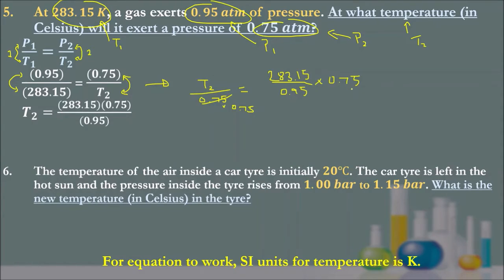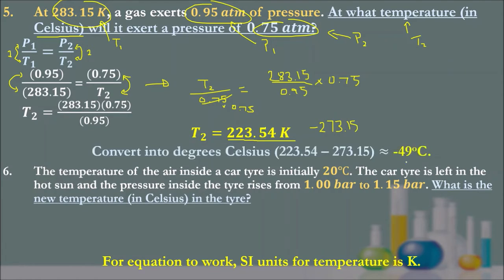The answer I get if I plug it into my calculator is 223.54 Kelvin. But the question is not quite over yet, because we need to convert this into degrees Celsius. To do that conversion, you subtract 273.15 from your Kelvin value, and we end up getting negative 49 degrees Celsius.